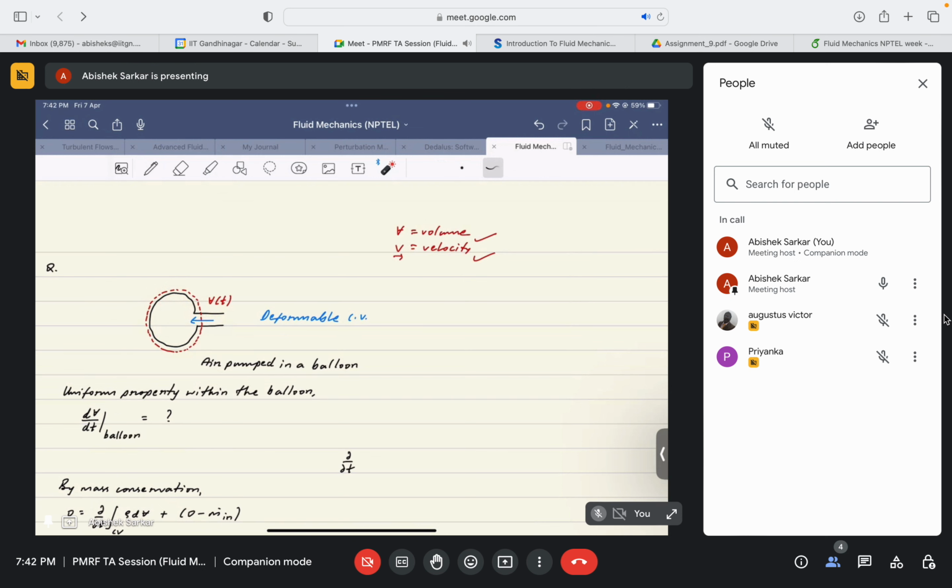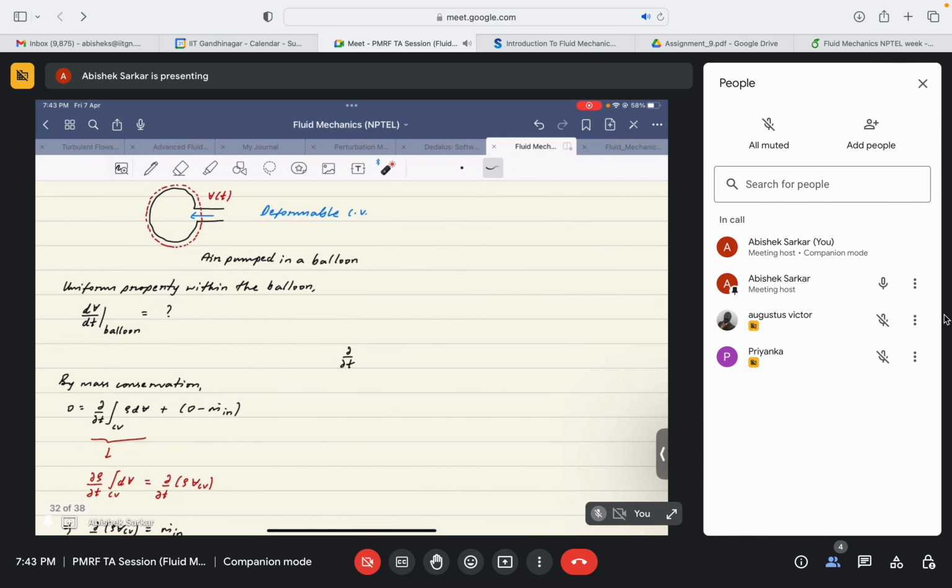So the choice of control volume remains open in many ways, but still choosing a proper control volume helps us to simplify the problem a lot. You will get to know this once you start solving various problems. So just as an idea, I mentioned it.